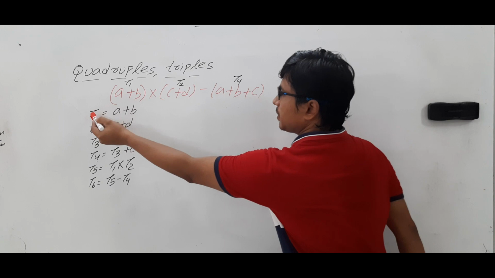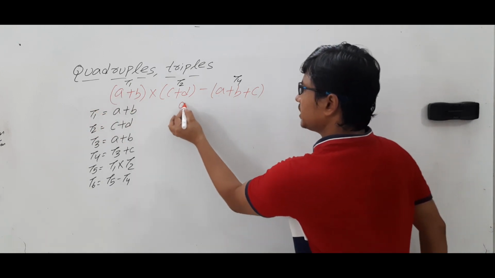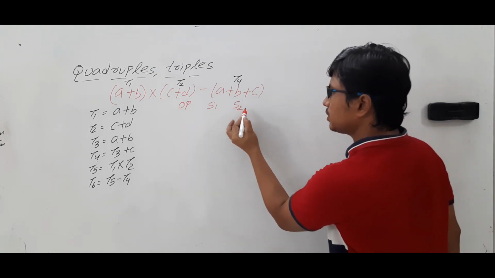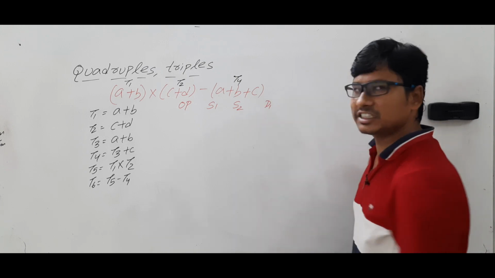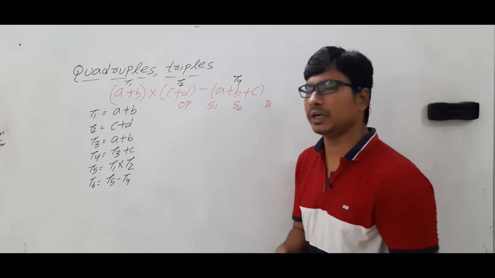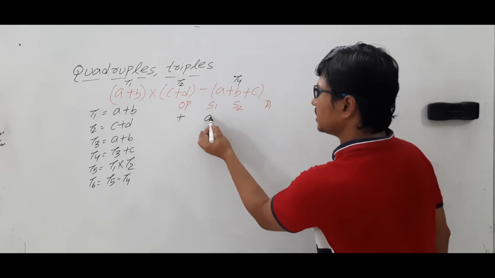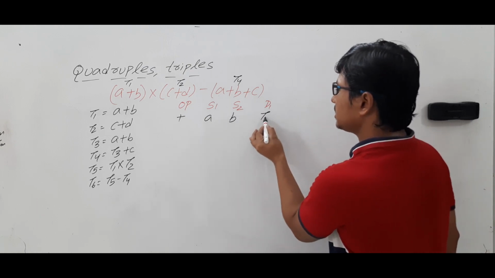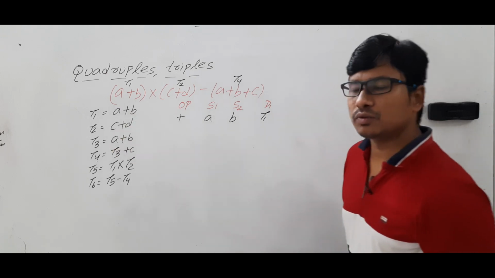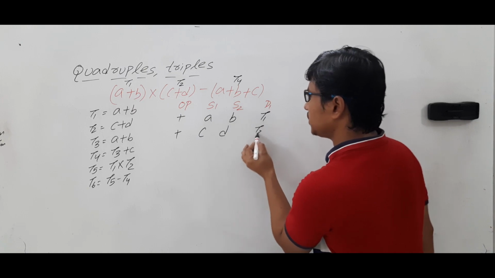First you need to perform t1 is equal to a plus b. So you need to represent the operator, source operand 1, source operand 2, and then the destination operand. In this instruction t1 is equal to a plus b, the operator is plus, the source operands are a and b, and the destination is t1. Is it clear? Then t2 is equal to c plus d: plus, c, d and t2.